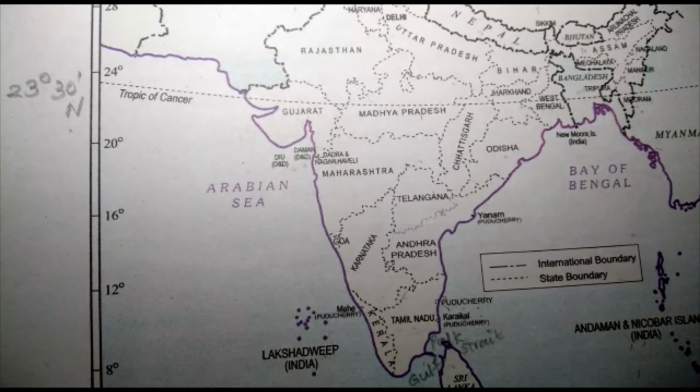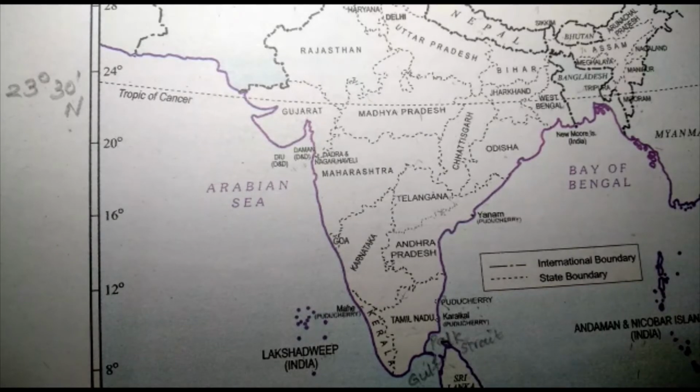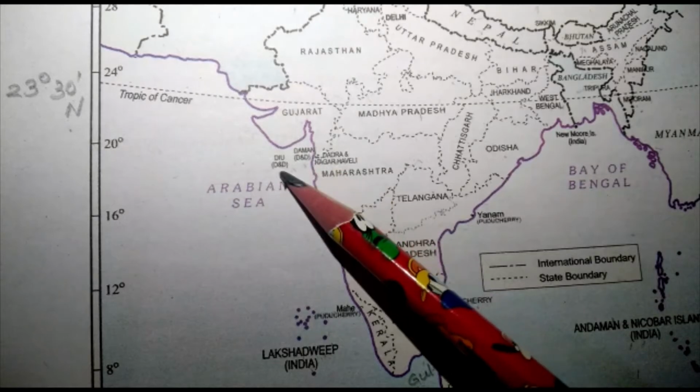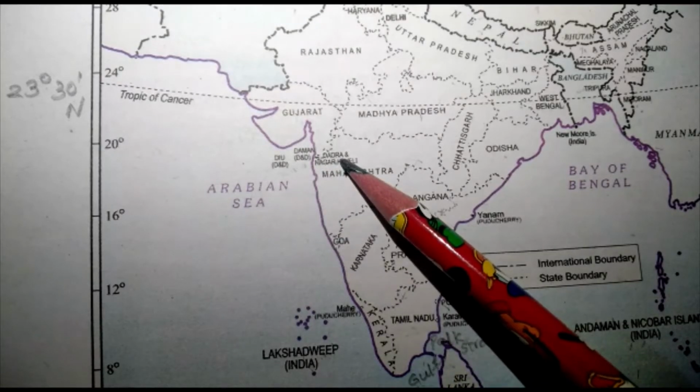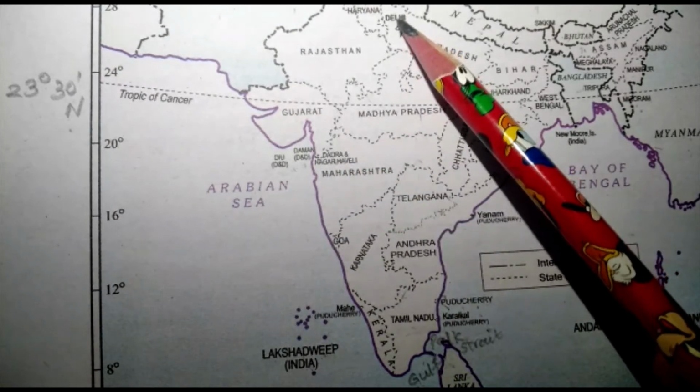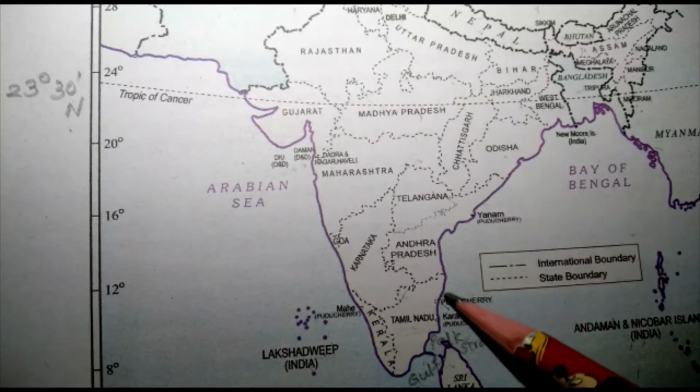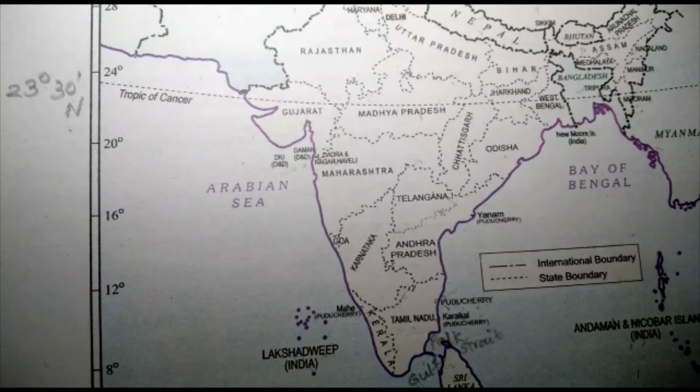Now let us quickly check where the 7 union territories are. You can see Andaman and Nicobar Islands here, 1, Lakshadweep 2, then we have Daman and Diu 3, Dadra and Nagar Haveli 4, Delhi 5, Chandigarh 6 and Puducherry 7.